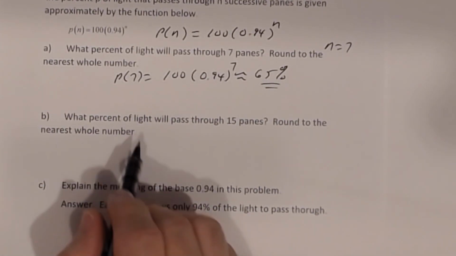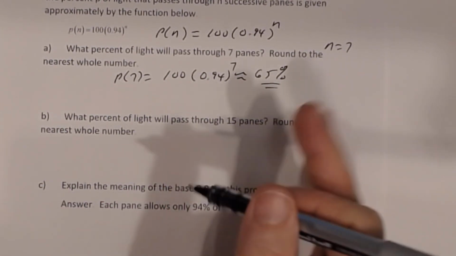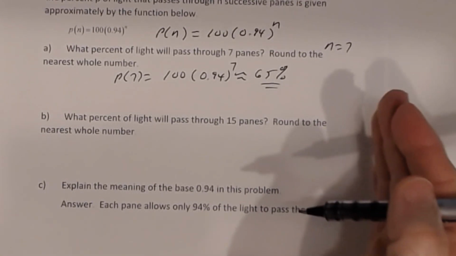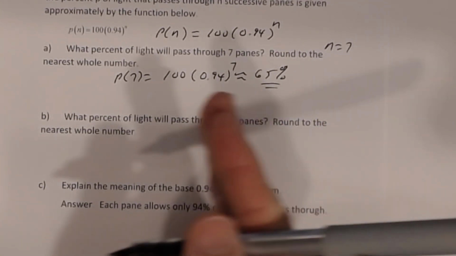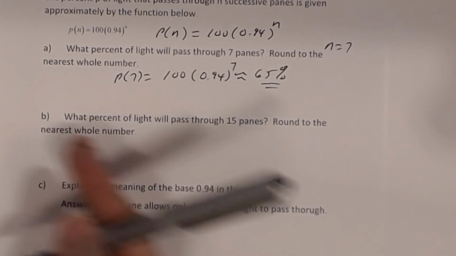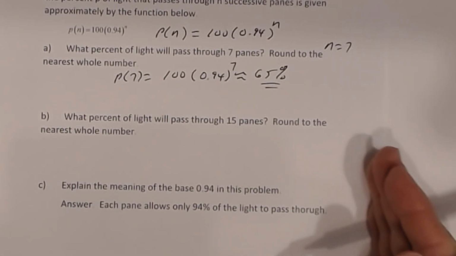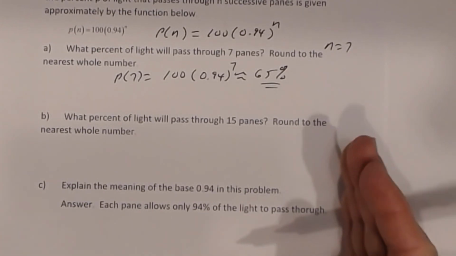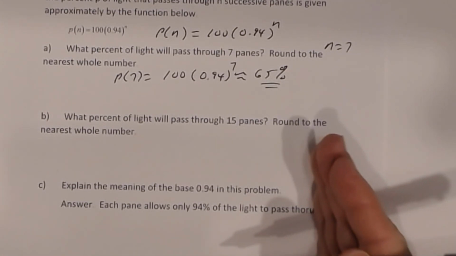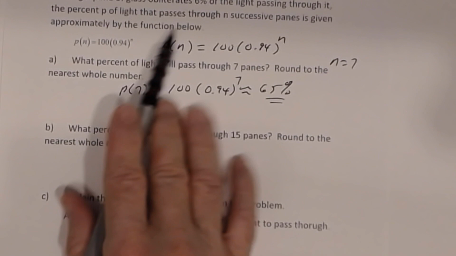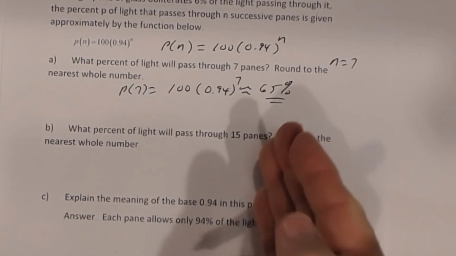B, what percent of the light will pass through 15 panes? Remember, you have the first pane, then the second pane, then the third pane, fourth pane, and so on. That first pane, you have all that sunlight going through. But the second pane, not all of that same sunlight is going through it, and it's still losing 6% of what's going through it.